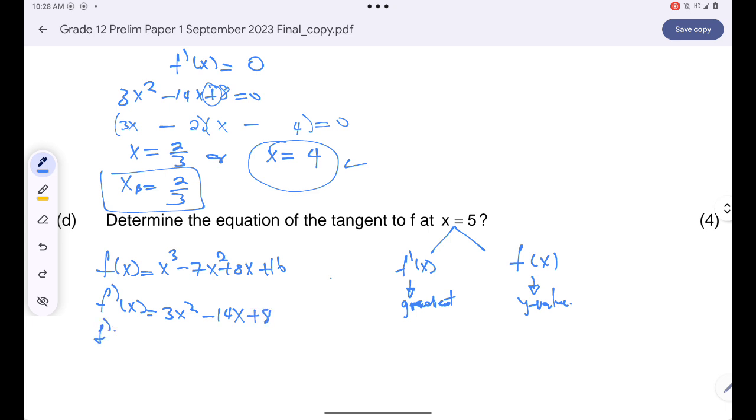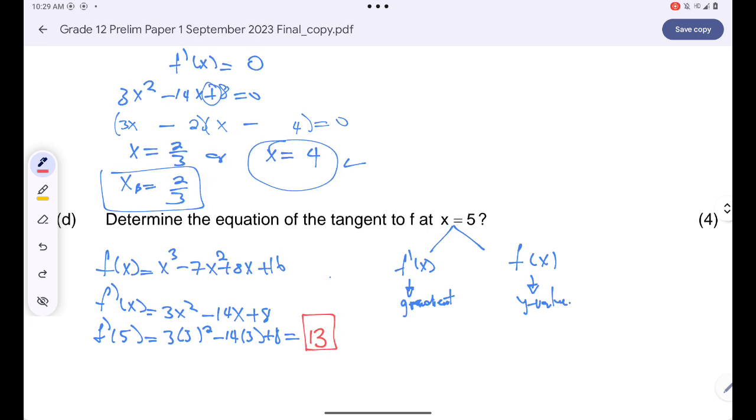I want to find the gradient when x is equal to 5. That's 3 times 5 squared minus 14 times 5 plus 8. The gradient is just equal to 13.